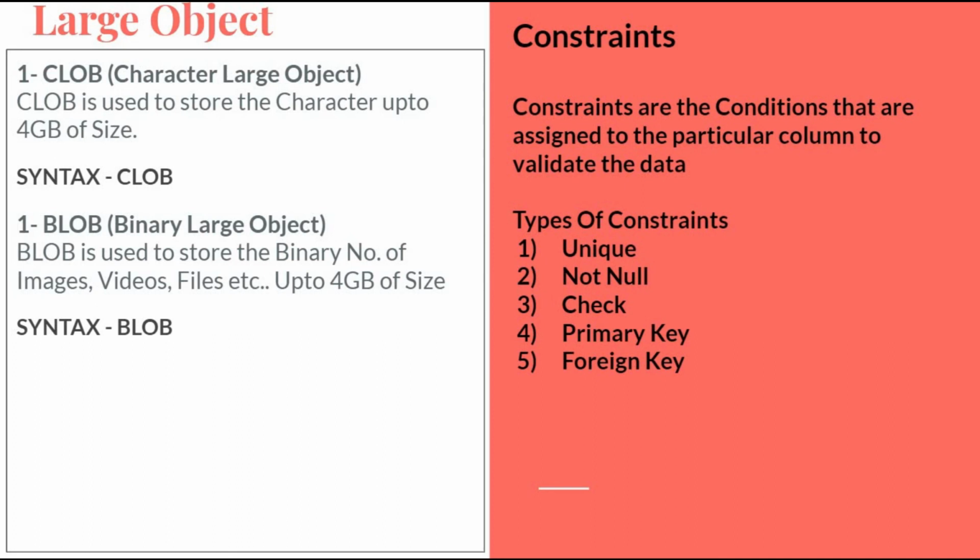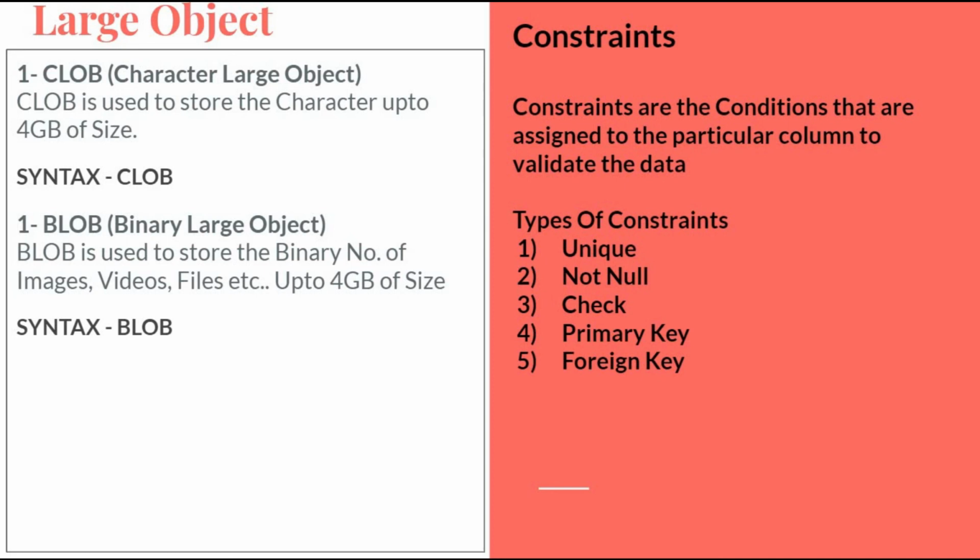Each and every employee has a single, unique employee id. It can't be possible that two different employees have the same employee id. To validate this type of data, we will use constraints.